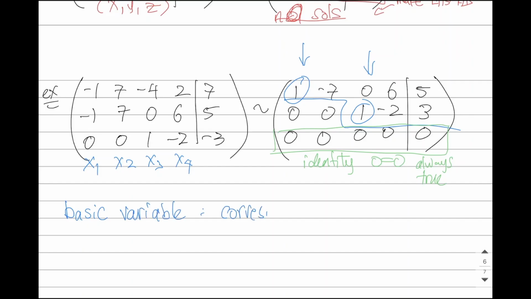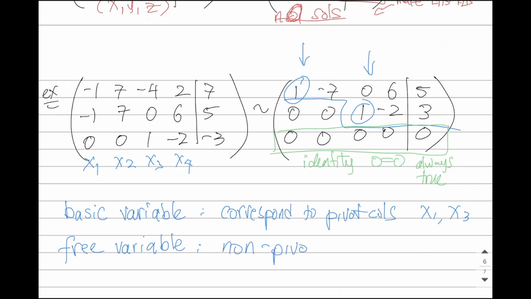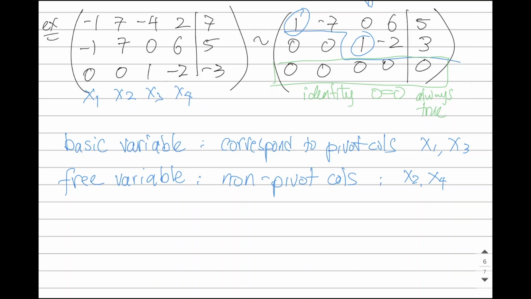Basic variables correspond to pivot columns. And in our case here, x1 and x3 are pivot columns, so they are basic variables. There's something called a free variable, and these are columns with no pivots. So these correspond to non-pivot columns. In our particular example, x2 and x4 are free variables.